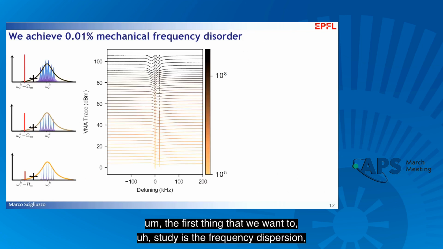The first thing that we want to study is the frequency dispersion, our scattering in frequency, and the line width of our mechanical mode. As the previous speaker showed, we do this with the optomechanically induced transparency.